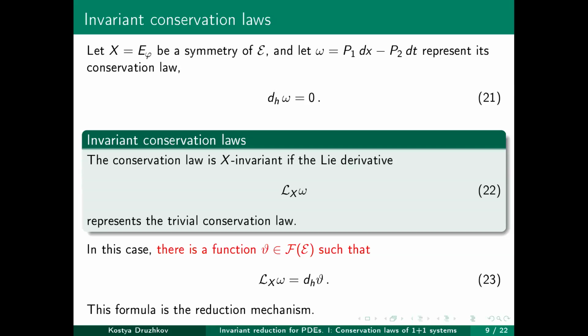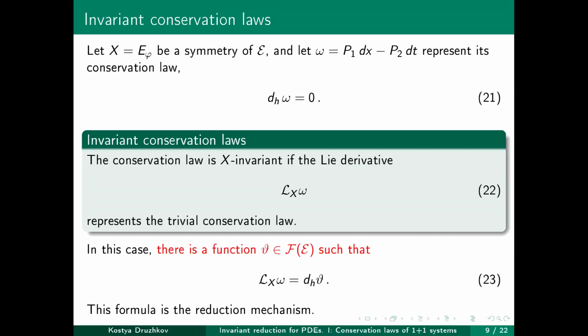We have this differential form on the system epsilon, a horizontal one form. And it's easy to describe X invariant conservation laws. The conservation law is X invariant if the Lie derivative, given by formula 22, represents the conservation law. In this case, there is a function theta such that formula 23 holds.